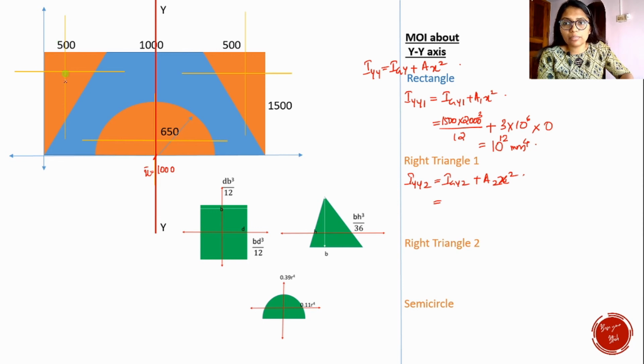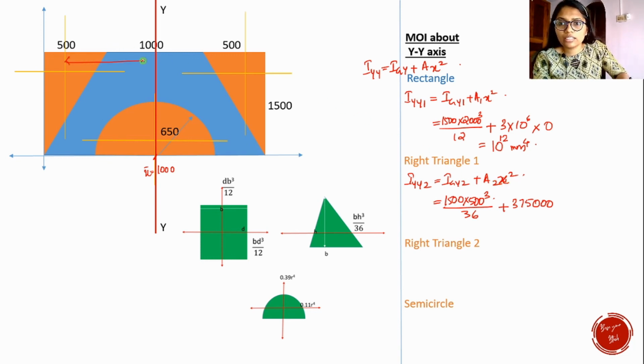So the dimension parallel to this vertical axis is 1500. So B becomes 1500. So 1500 into 500 cube divided by 36 plus area, which is 375,000, into x, the separation of the yellow line and the red line. So here it is this much length.